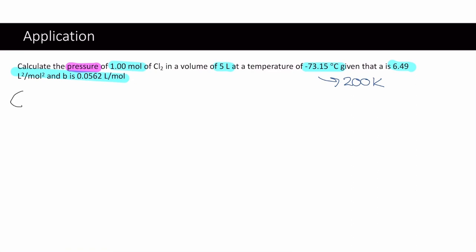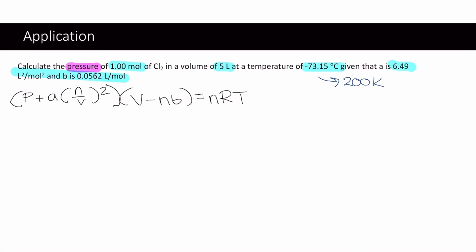And given the van der Waals equation, we're going to do P plus A multiplied by n divided by V to the exponent 2. And we're going to multiply this whole thing by volume, subtract number of moles times B, which is going to equal number of moles, constant, and temperature.